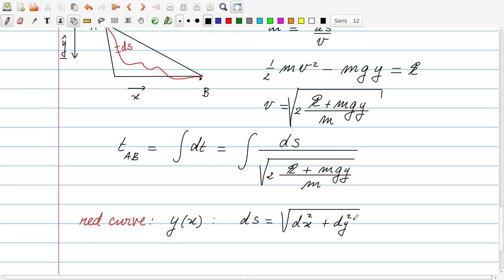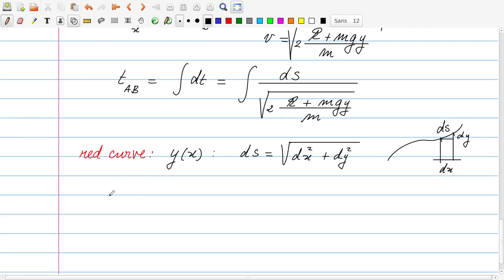That's a very general result which we will use quite often if we have a curve like this and we want to know the distance of a segment on this curve. Then we have on the horizontal axis a distance dx, on the vertical axis we have a distance dy, and so Pythagoras' theorem tells me then that the ds squared is equal to dx squared plus dy squared, and that immediately gives me this form.